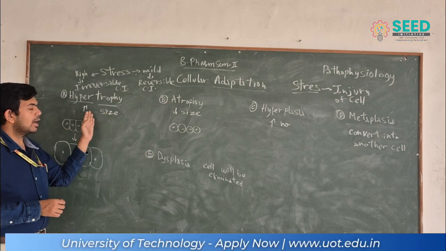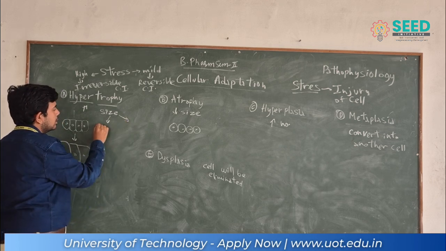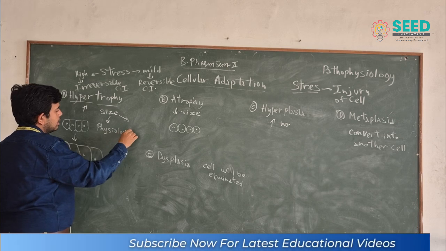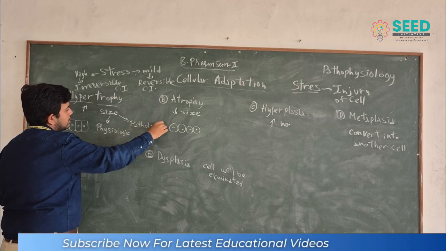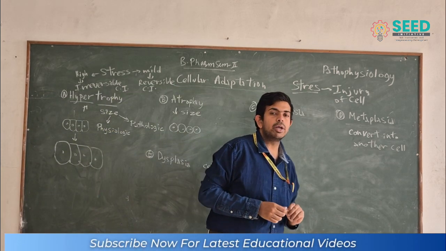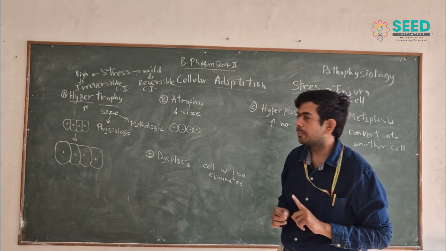If we have to classify hypertrophy, it is due to 2 reasons, which are physiological and second is pathological. Physiological means that the requirement or the need of the body increases the cell size.